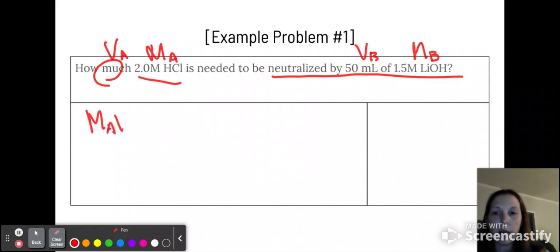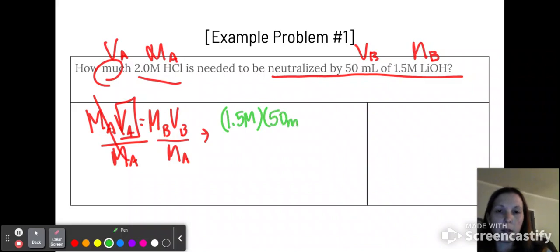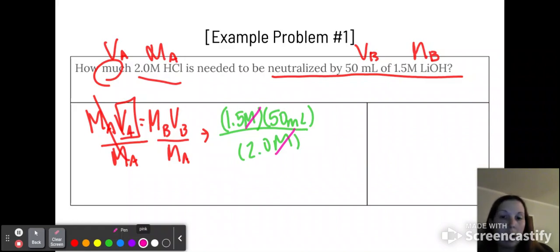So we've got MAVA is equal to MBVB. We're looking for VA, so we're going to cancel out the MAs by dividing both sides, which will lead us to 1.5 molar times 50 milliliters over 2.0 molar, where we can cancel the M's, and then you just multiply and cross and divide, just like we did with the dilution formula.